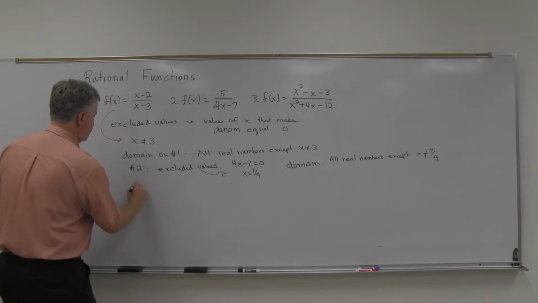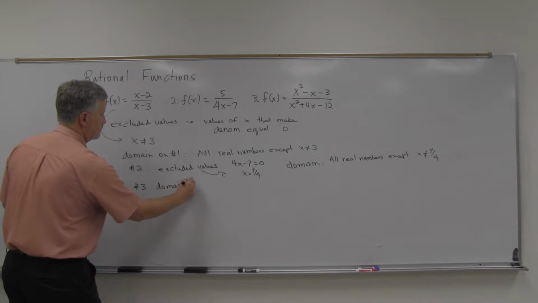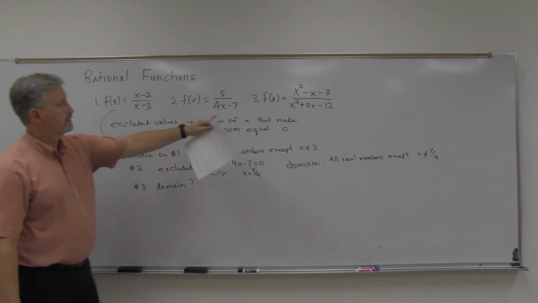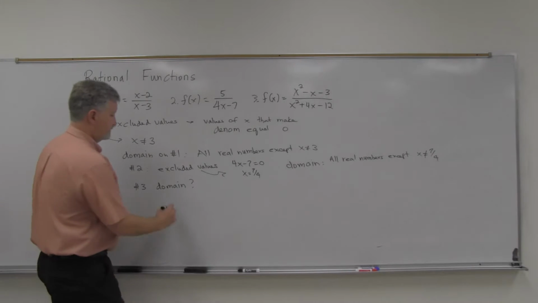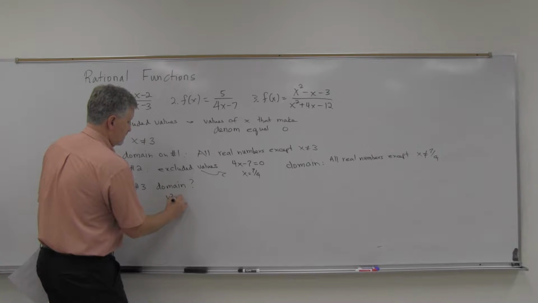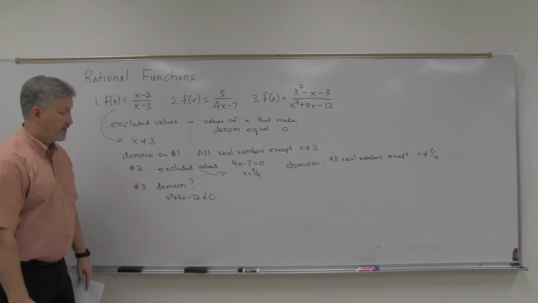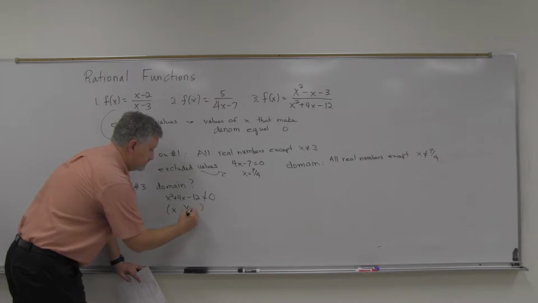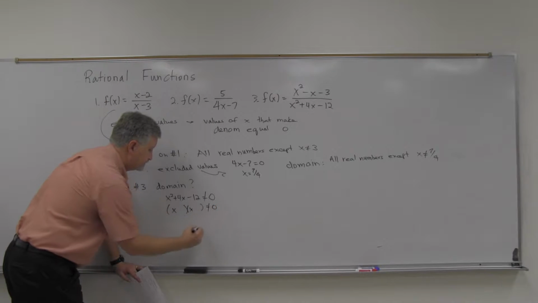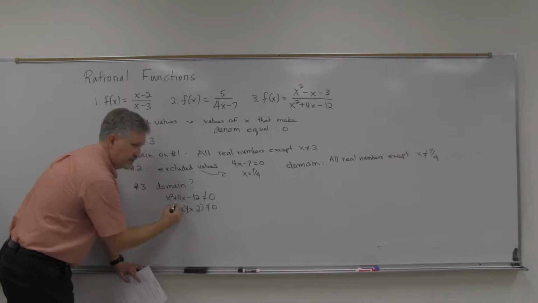And then number 3, what would be the domain on that? Since the denominator is x squared plus 4x minus 12, that can't equal 0, and so if we solve that out, factor negative 12, 6 and 2 is a 4 in the middle.